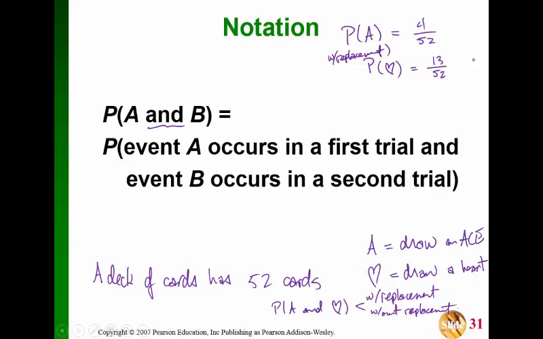So if we're doing this with replacement, when we go to pick our heart, we still have a deck of 52, right?